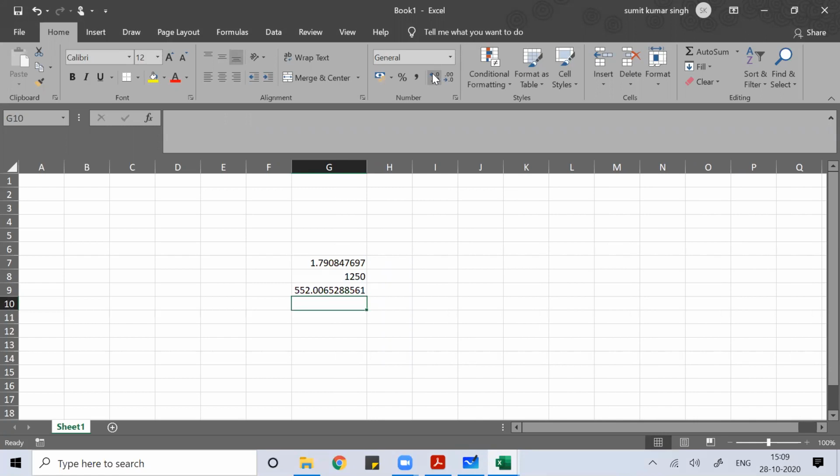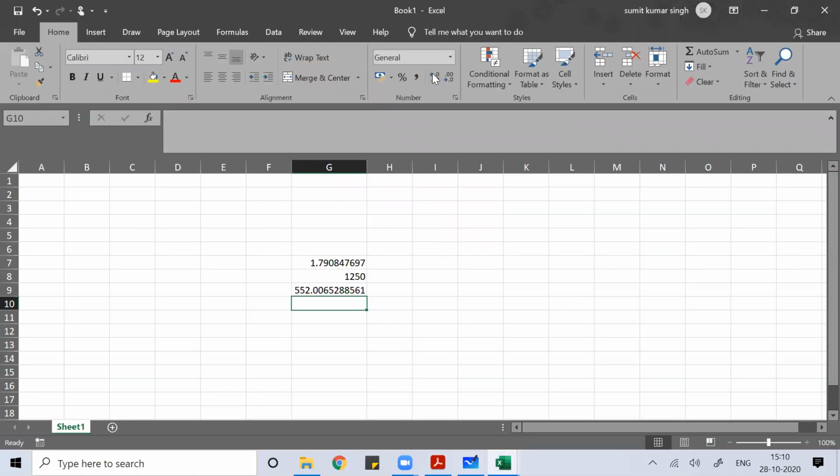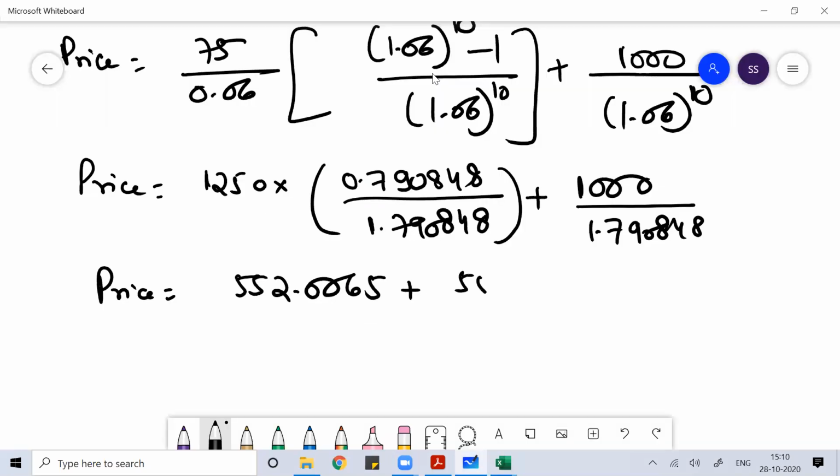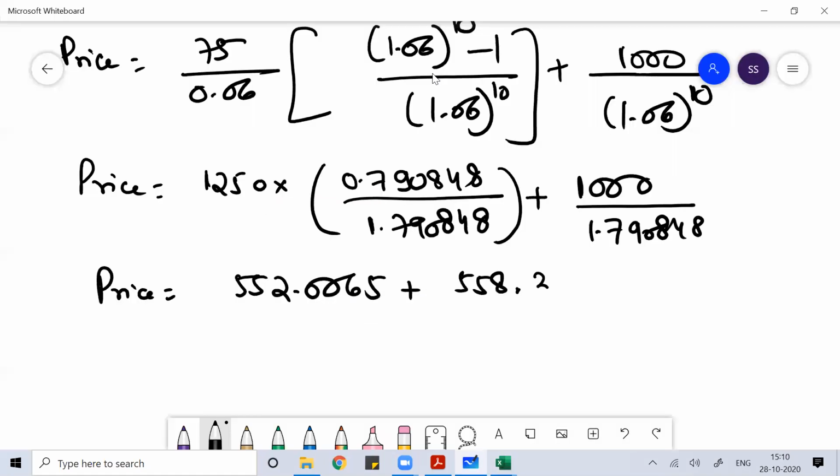You'll get 552.0065, plus 1000 divided by 1.790848, which is 558.39477.